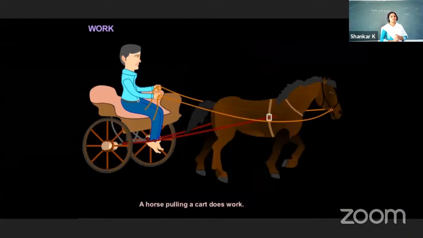Okay. For example, if you stand on the ground floor and think that I am on the first floor or the second floor, is any work done in this period? Is any work done here by thinking? Yes, students?